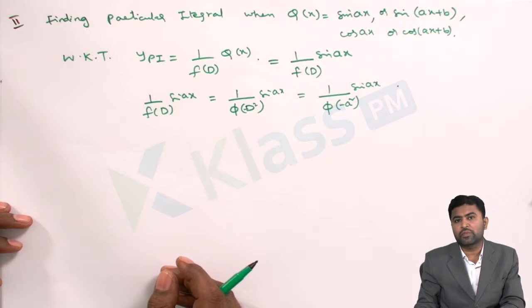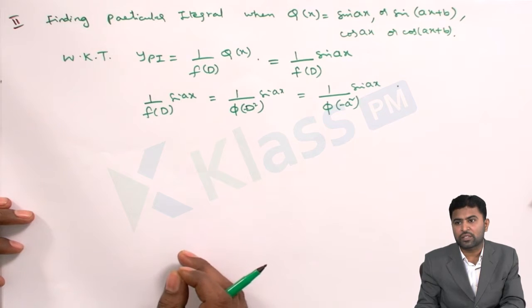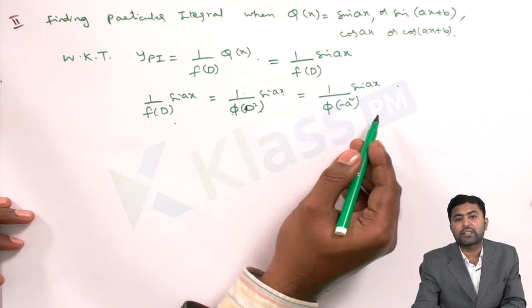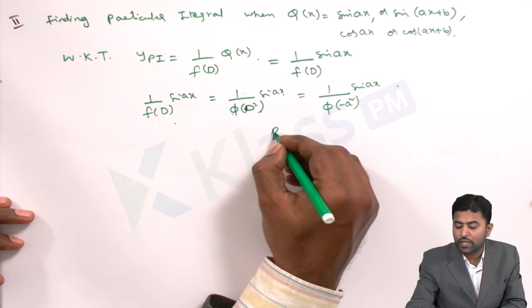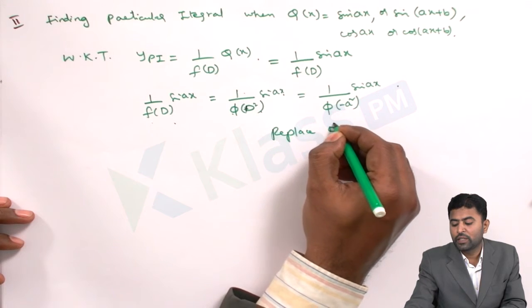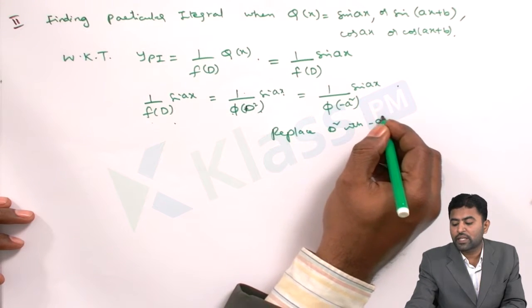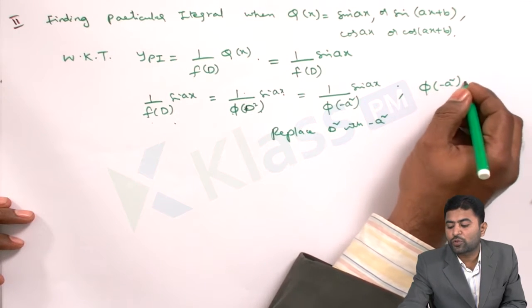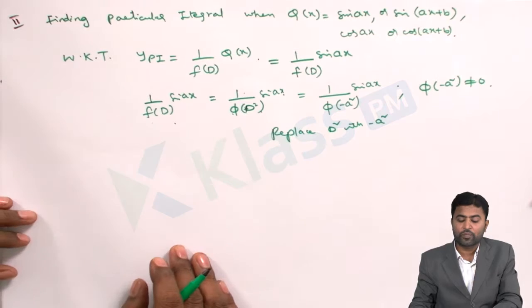We should leave the terms like D and constants as they are, right? Then we replace D square with minus a square, provided phi of minus a square should not be equal to 0.